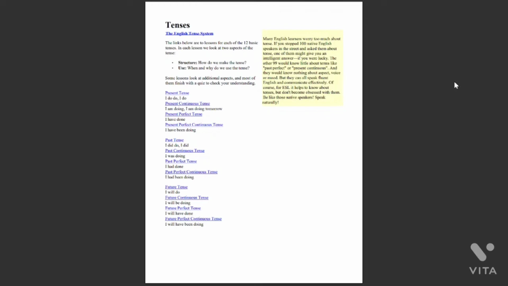But they can all speak fluent English and communicate effectively, of course. For ESL learners it helps to know about tenses, but don't become obsessed with them. Be like those native speakers, speak naturally.